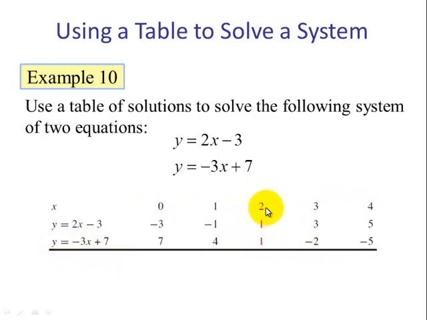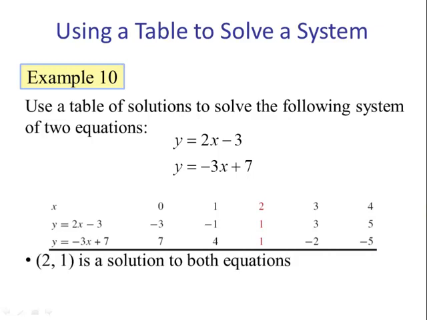And we see when x is 2, the y values are the same, 1. So that means (2, 1) is a solution to both equations because that point is on both graphs. That point, when x is 2 and y is 1, will make both equations true. So (2, 1) is a solution to the system.